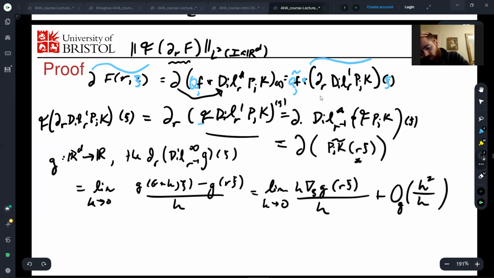That's h squared over h, which is just O of h, and as h tends to 0, this term disappears. Of course, these h's cancel each other, and we actually just get that this is the gradient in the xi direction of g at r xi.